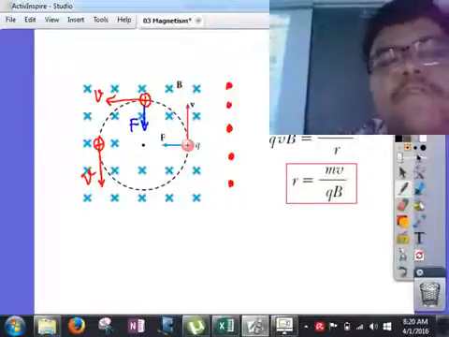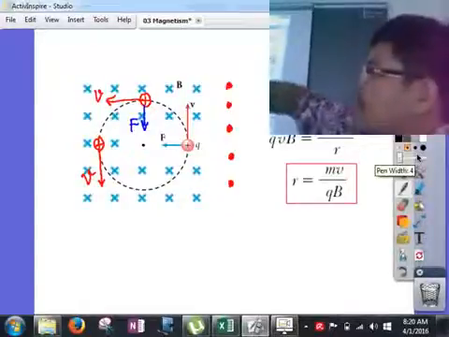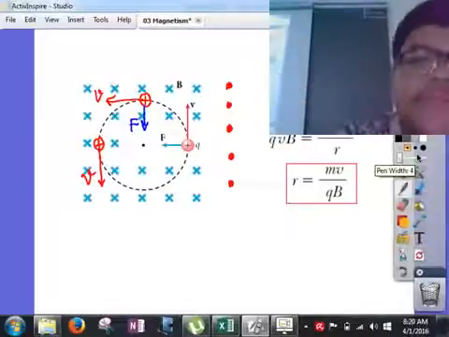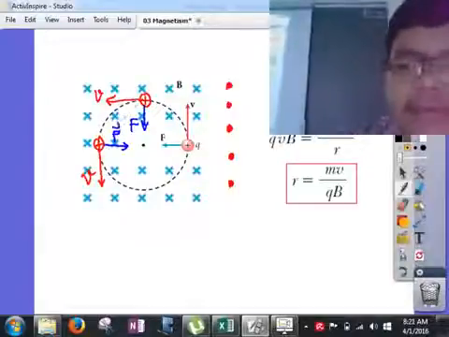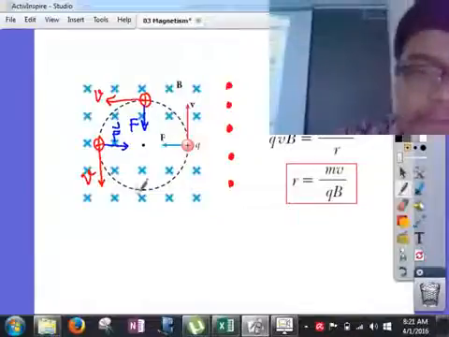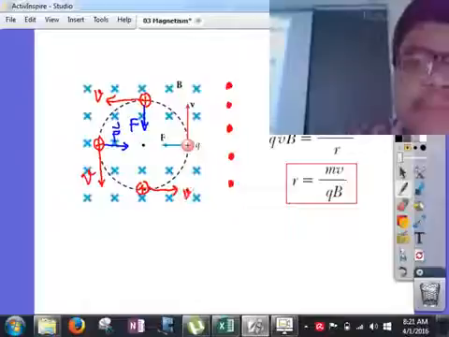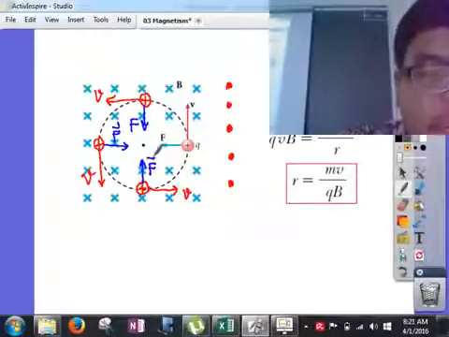Where is the direction of F? So V, B, F. So it will be directed to the right. And the last one here, ke atas. Yeah, you can guess. The direction of force will be upward.